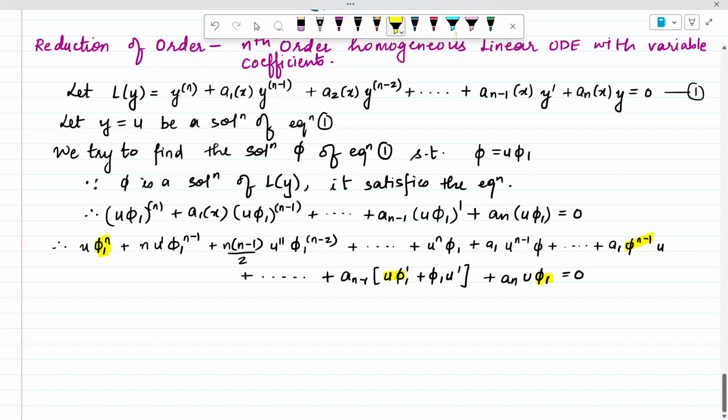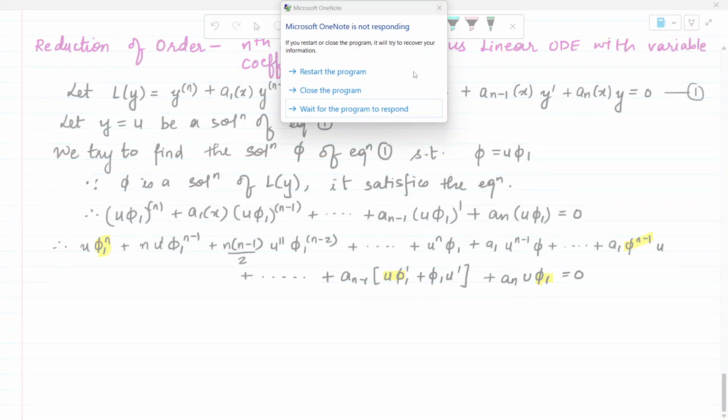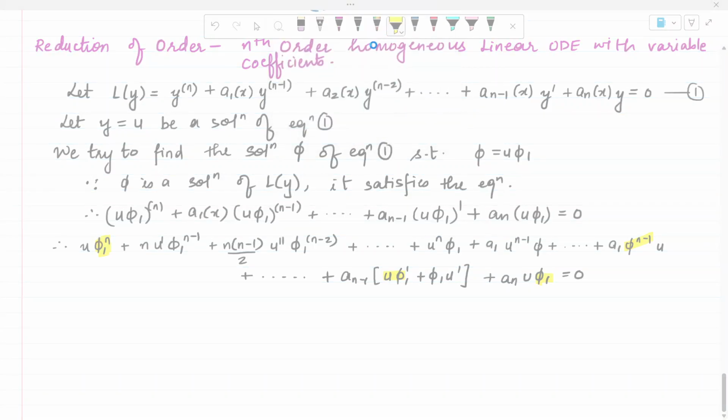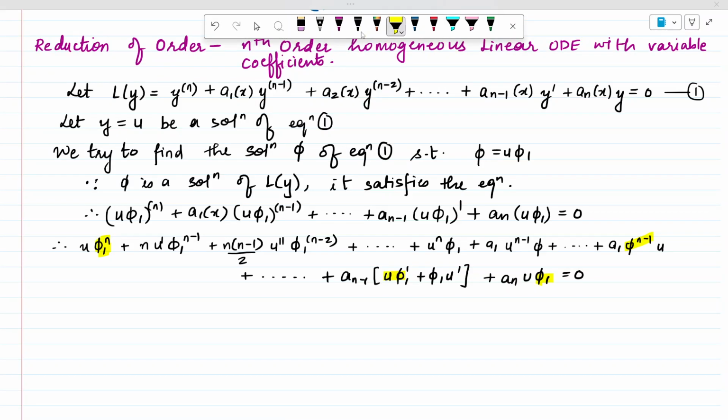So when I look at these coefficients only of u, I forgot to mention, okay, this is phi 1. This is also phi 1. So I forgot to put that 1 there. So you can see u has phi 1 raised to n, A1 times phi 1 raised to n minus 1. So you will actually get u common, and you will get L of phi 1.